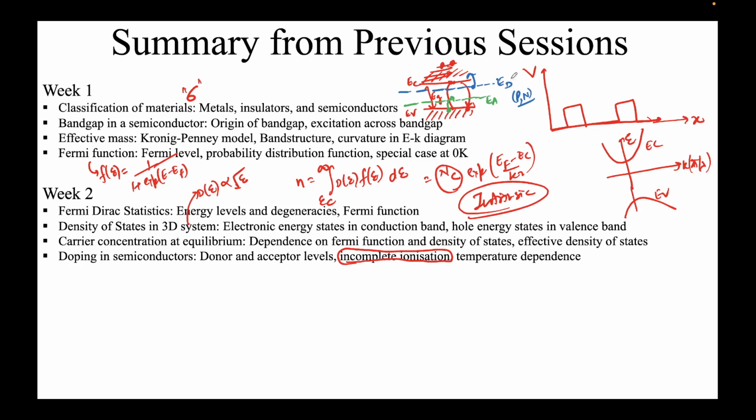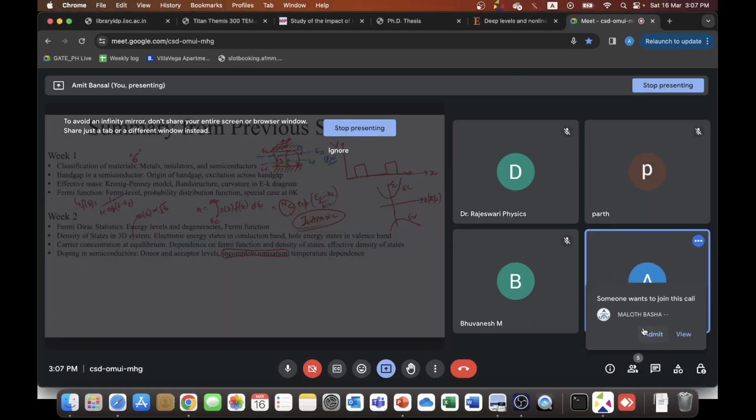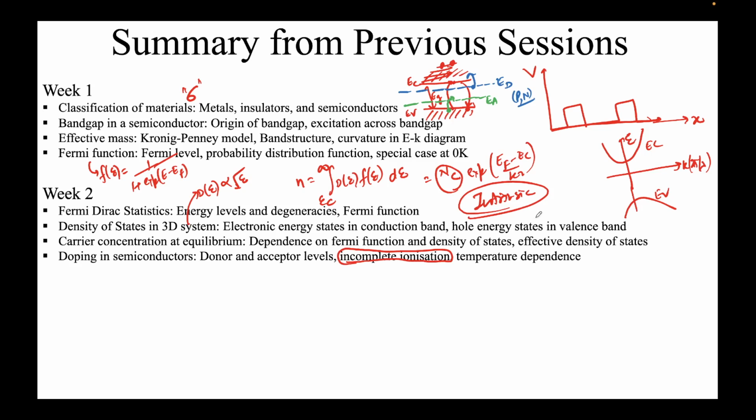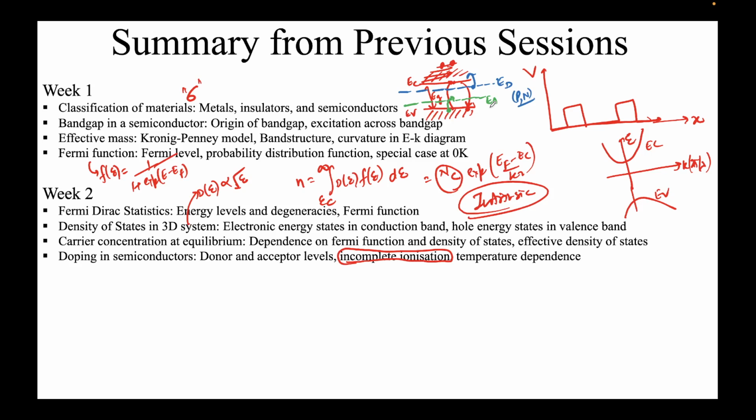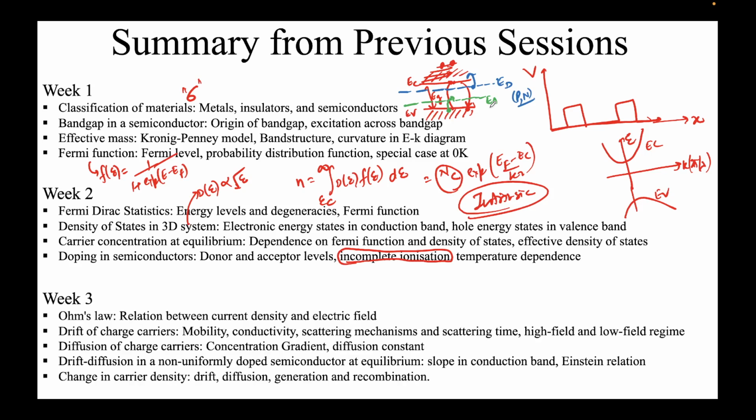That is, either they have accepted the electrons if they are acceptor types, or they have donated the electrons and thus become positively charged. A stage even comes if you further increase the temperature, where we have an ni square. So this doping just goes for a toss, and we will have essentially an intrinsic semiconductor. We usually don't want to go in that regime, but there are some applications where we want that.